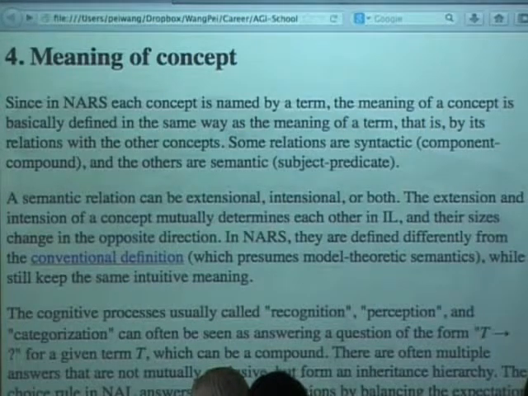By the system's experience. Okay, so you'll see here, this in a sense is a third way to introduce the meaning of a concept, which is by relation. Okay. So what bird means is how bird is related to the other things. And where do the relations come from?